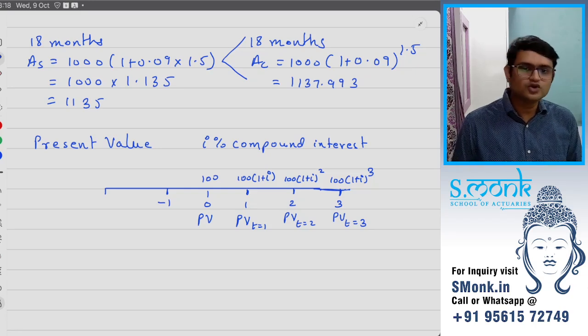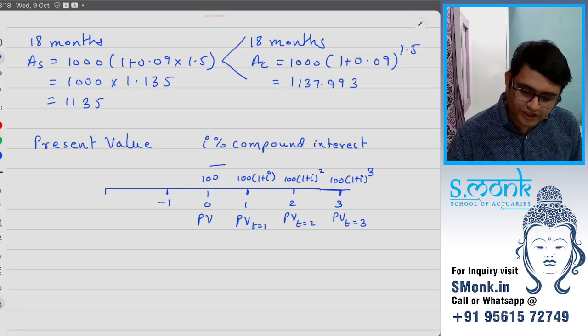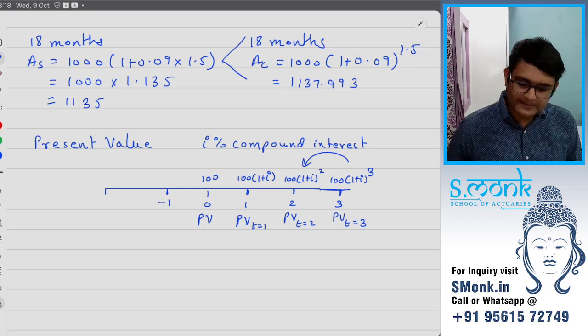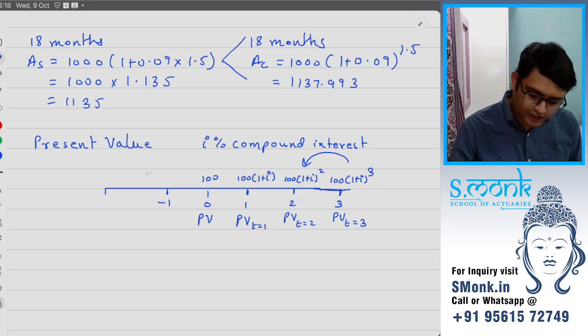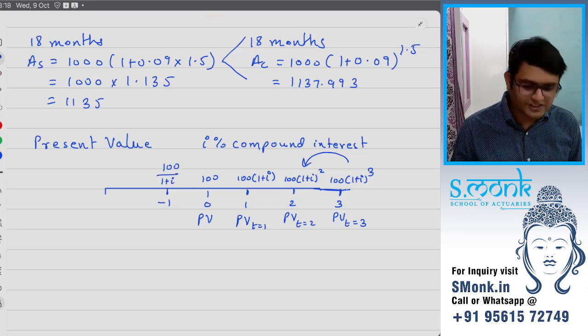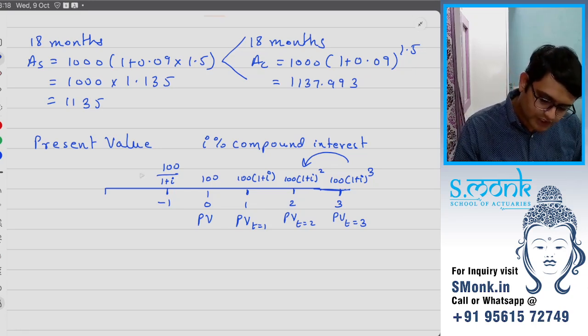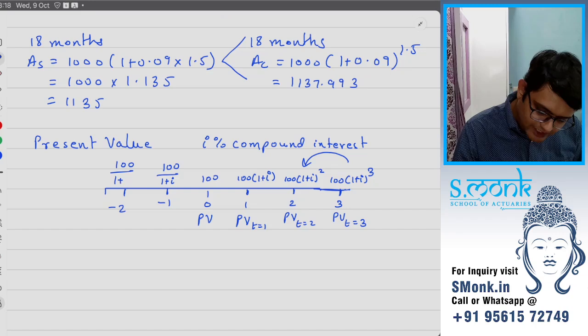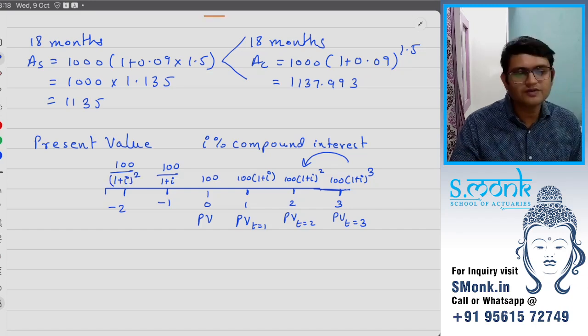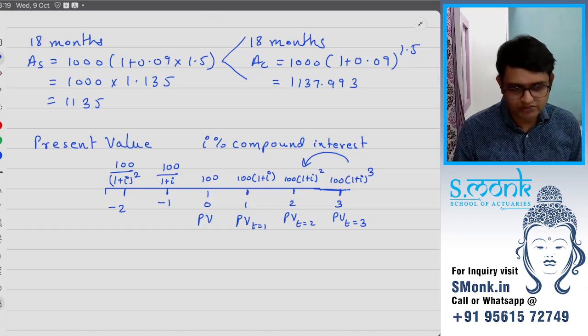No, it will not be minus I. Follow the pattern. If I go from here to here, what am I doing? Power -1. So here you can say it is 100 divided by (1 plus I), or raised to -1. It's the same thing. So at -2, we can say 100 divided by (1 plus I) squared, or you could say multiplied by (1 plus I) raised to -2. That works. No problem.